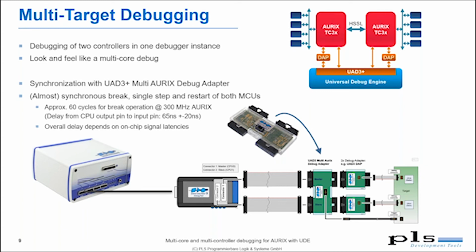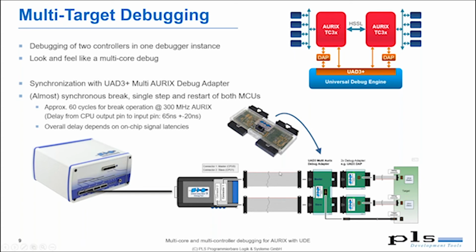This is the UDE 3 Plus Multi AURIX debug adapter shown here. This is the additional hardware part. As shown here, this Multi AURIX debug adapter is connected to the debug ports of each of the AURIXs. There are 2 DAP ports here on the board. We use for that the standard debug adapters for JTAG and DAP for the Infineon boards.